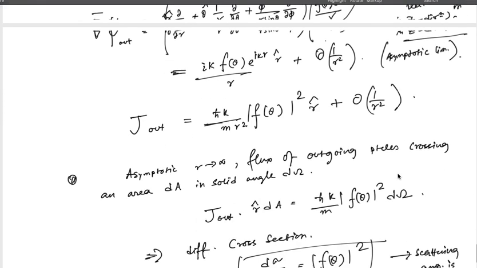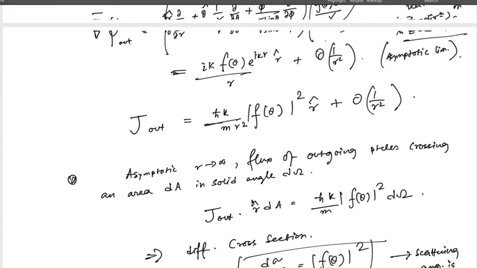So now, in the r going to infinity limit, the flux of outgoing particles crossing an area dA in a solid angle can be calculated by doing j out dot r cap dA.